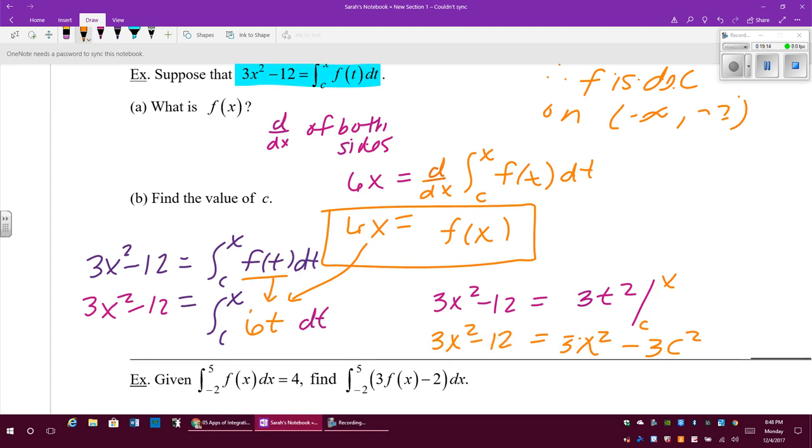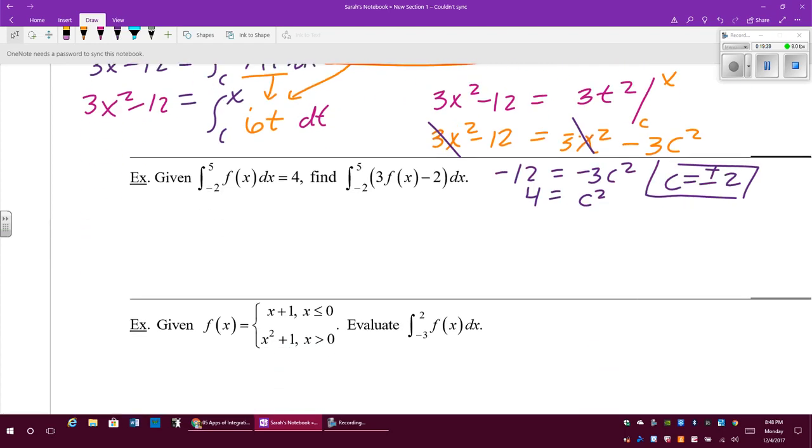It then becomes obvious that I can cross through my 3x squareds and get that negative 12 is equal to negative 3c squared, or 4 is equal to c squared, so c must be equal to positive or negative 2, which is kind of cool. All right, let's do one more.